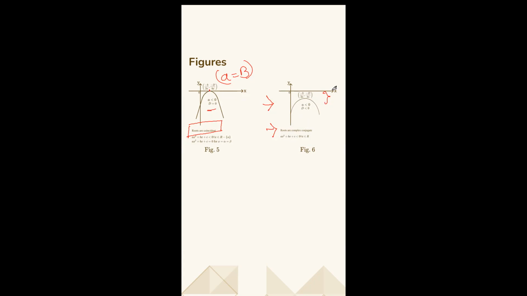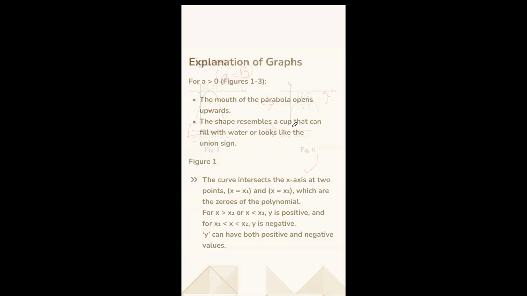For all values of x, the graph lies below the x-axis. So for that reason, ax square plus bx plus c is less than 0 for all the values of x.